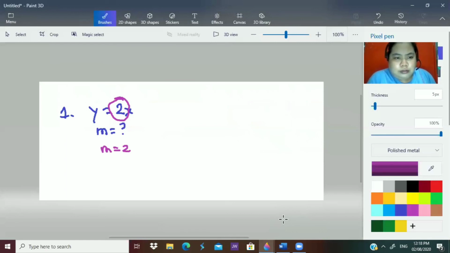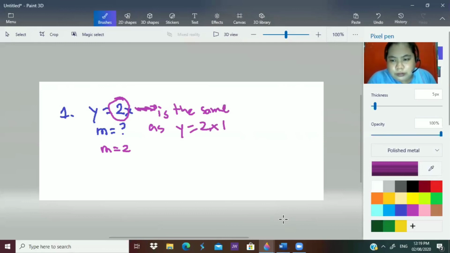How about y-intercept, or b? So, y equals 2x is the same as y equals 2x plus 0.